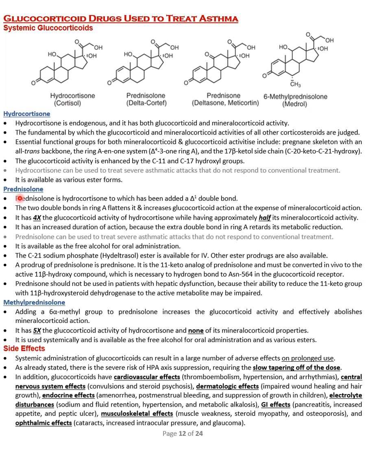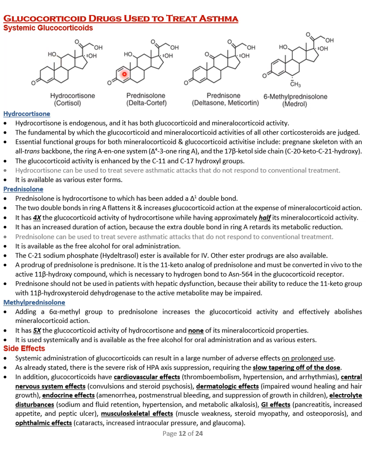The next example is prednisolone. The only difference between prednisolone and the hydrocortisone is this double bond here, which causes the ring to be flattened, and by making it flattened, we would increase the glucocorticoid activity 4 times that of the hydrocortisone, and at the same time we would reduce the mineralocorticoid activity to half the activity of the hydrocortisone.